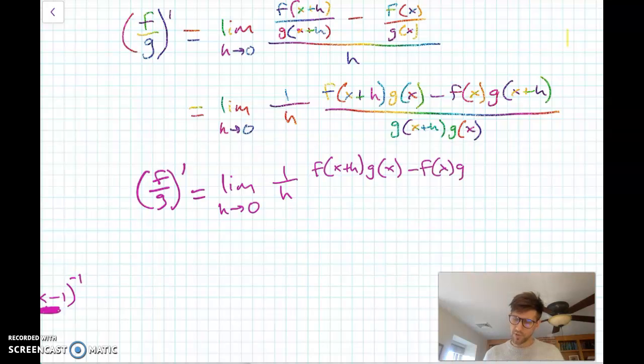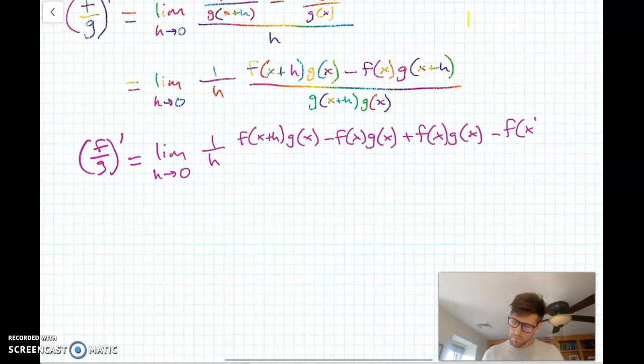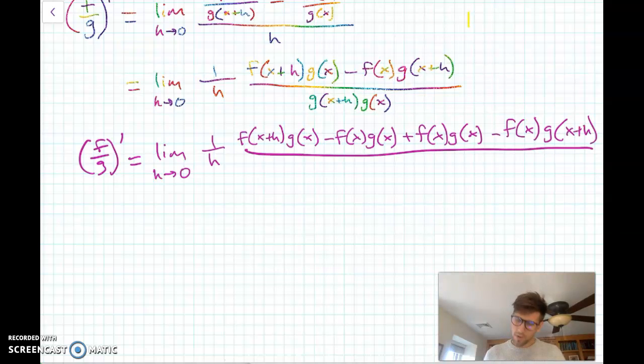I'm going to subtract first, and you'll see why in a moment. I still have the same common denominator. All I did was add and subtract this same term in the numerator here.